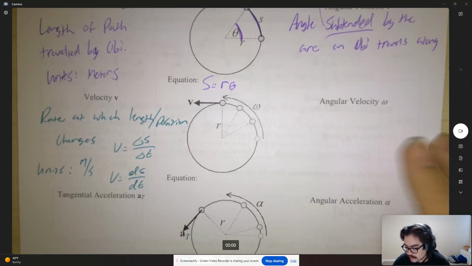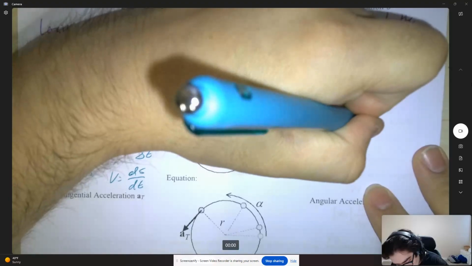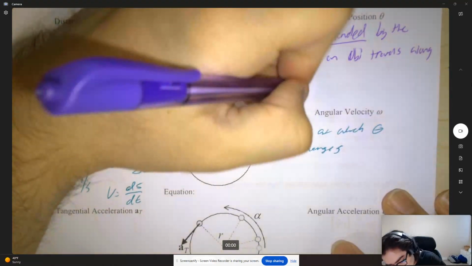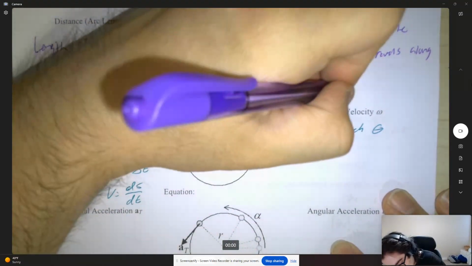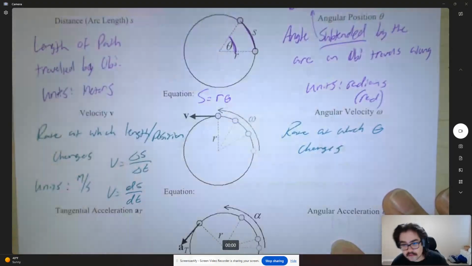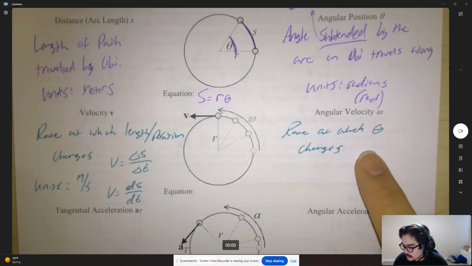And then angular velocity, this is the rate at which theta changes. So the rotational, and I'm so sorry, I forgot to mention the units for the angular position. We use radians, or rad. Angular velocity is the rate at which theta changes.